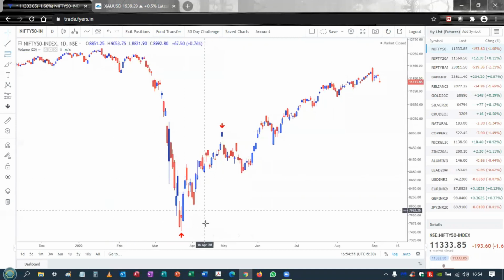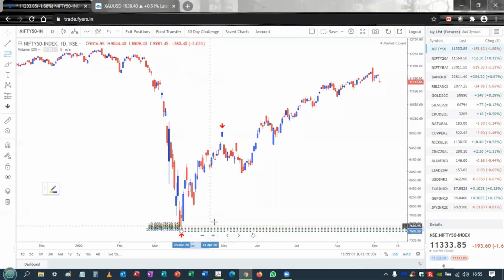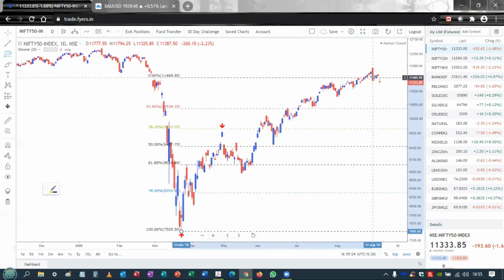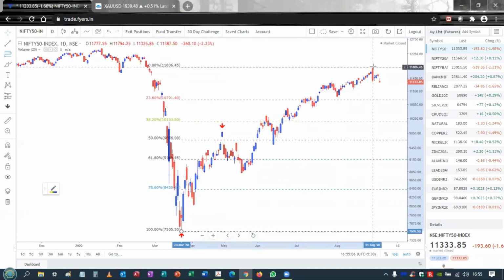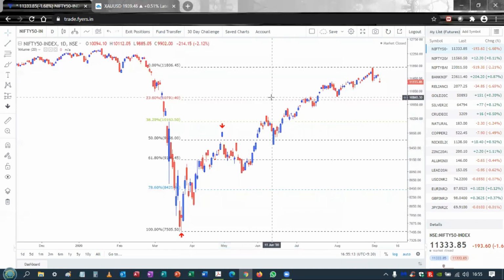So again, I could plot the Fibonacci retracement connecting these extremes. The swing low is this. From there, the rally started till earlier this week when it made a high of 11,794. So these are the various Fibonacci retracements for this entire uptrend.